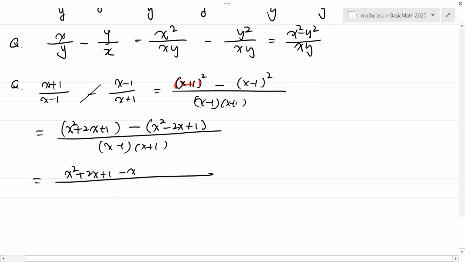Negative x squared, negative 2x will be positive 2x, negative times positive 1 is negative 1. So now x squared is gone, negative 1 and positive 1 are gone. So actually you get 4x over x minus 1 times x plus 1. This problem is very complicated.